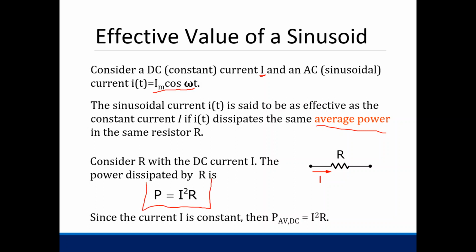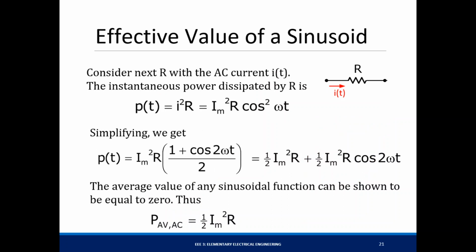So the power equal to VI, if you want to express it in terms of current and resistance, is just I squared times R. So since the current is constant in the DC case, then the average power is just I squared times R. So for an alternating current, first we need to get the instantaneous power.